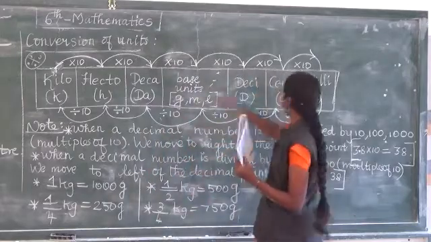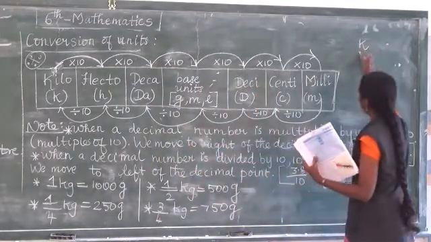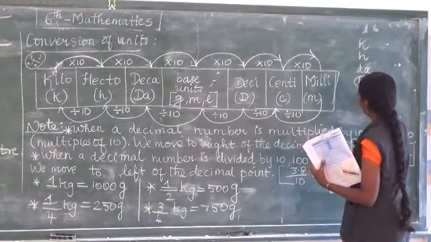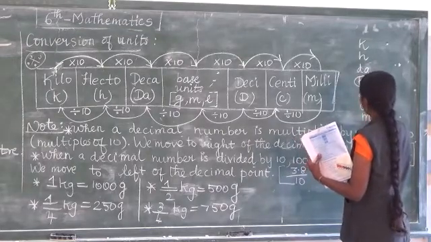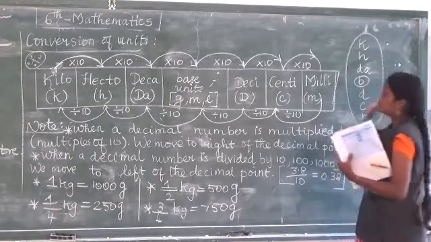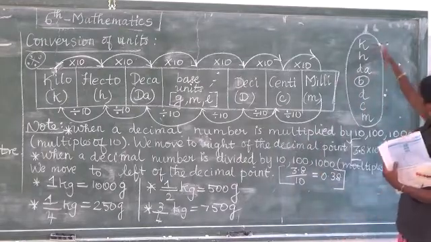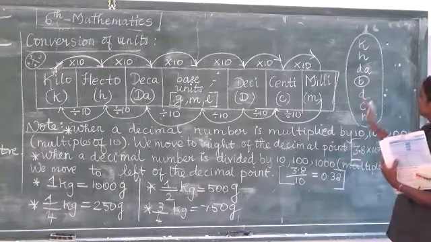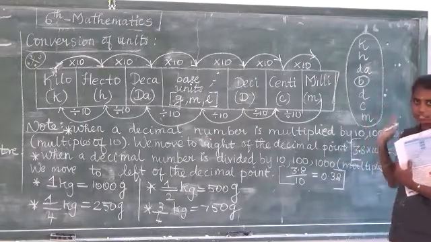So remember the clue words: kilo, hecto, deca, base units, then deci, centi, milli. These are the order to follow whenever you are changing. Just remember this is very, very important.